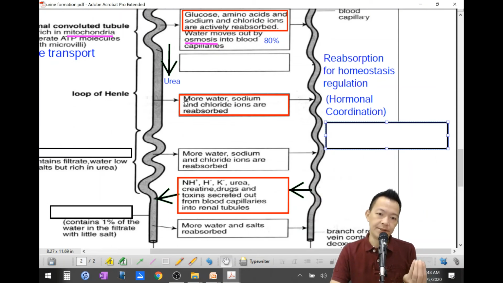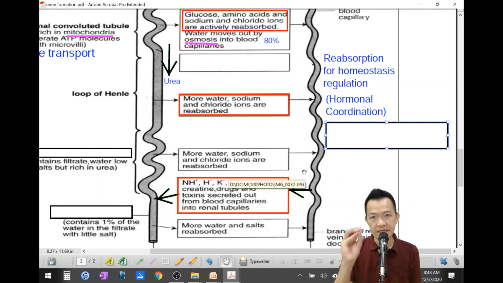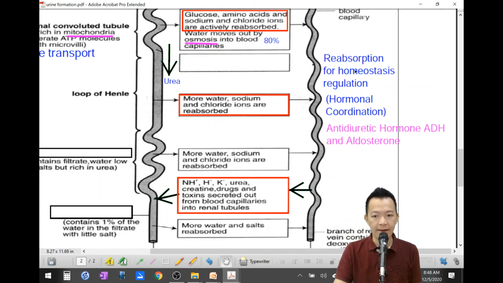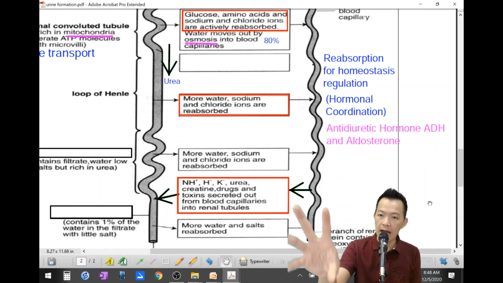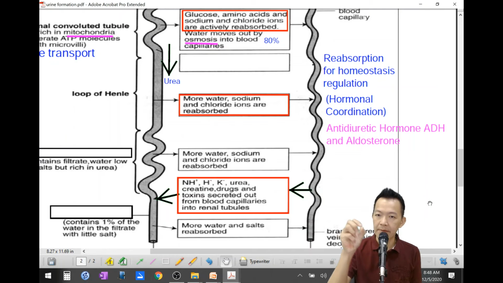And any example is one example. Who can control the reabsorption of water? Or who can control the reabsorption of the minerals in your body? There must be certain hormones responsible for absorption like this. For example, the famous antidiuretic hormone, ADH. This hormone asks you to absorb back the water, making the urine content become less. Or aldosterone, this hormone absorbs more mineral back into your body.